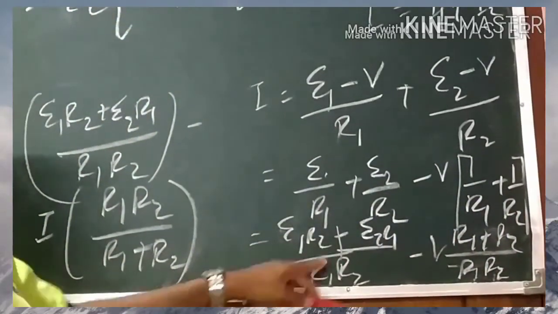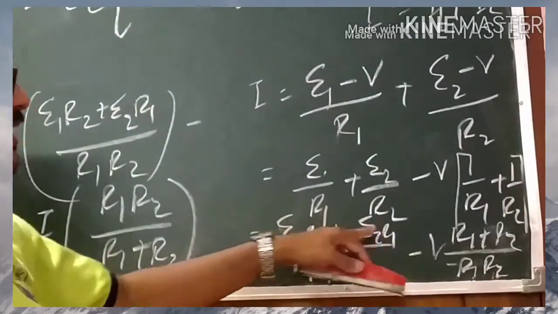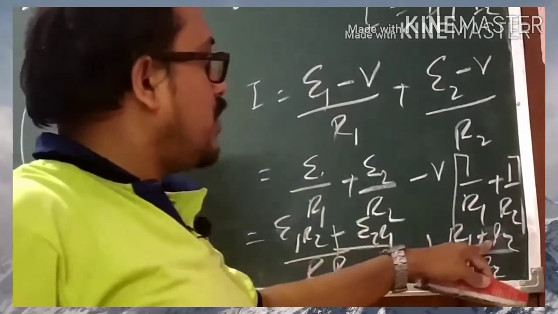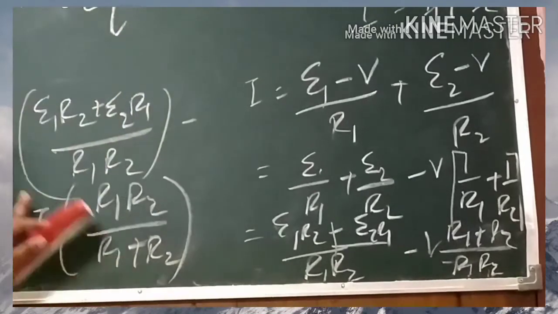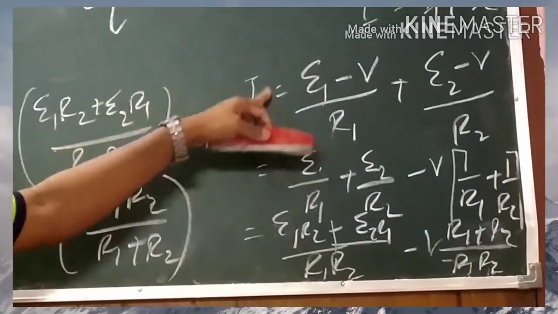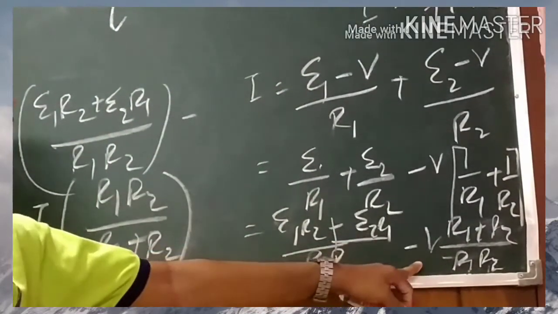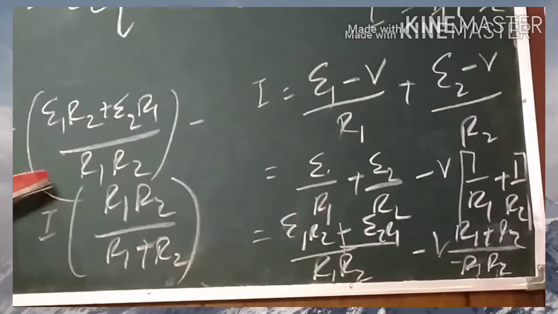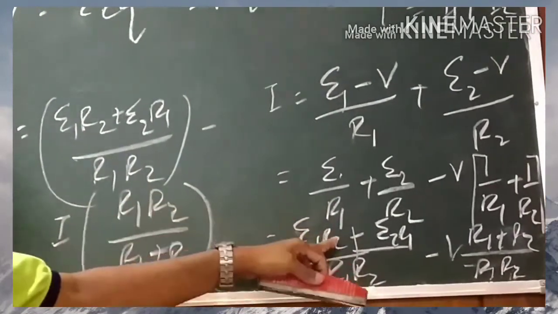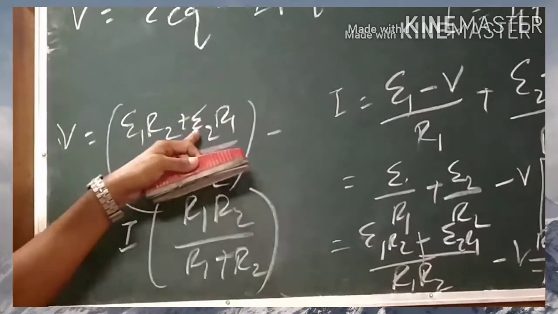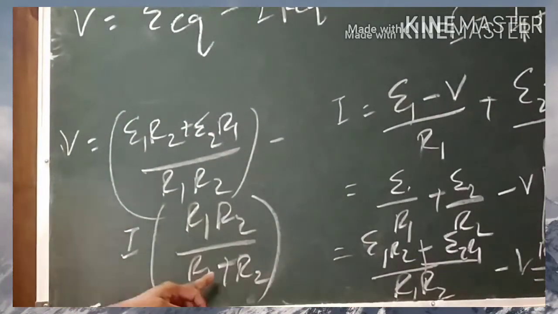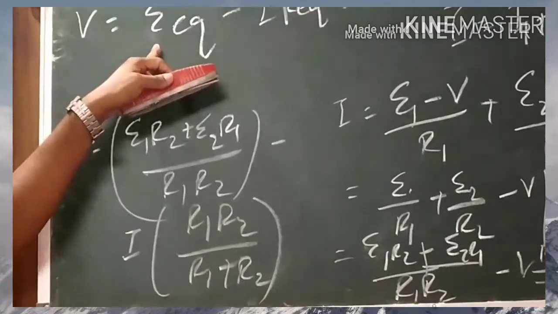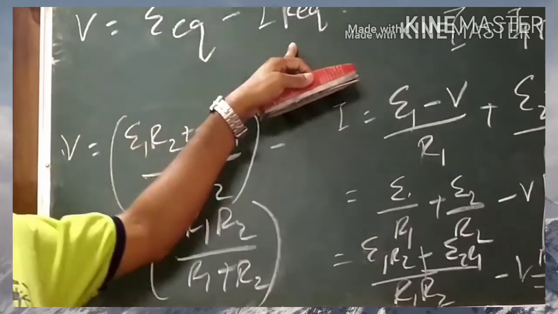Taking the LCM, this is E1 R2 plus E2 R1 minus V into R1 plus R2, all over R1 R2. This is the formula for I, and what we have to calculate is the V value. Taking V on the left-hand side and recombining, we get E1 R2 plus E2 R1 divided by R1 R2 minus I R1 R2 by R1 plus R2. So V is equal to E equivalent minus I R equivalent.